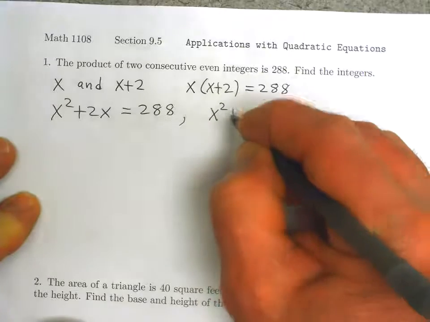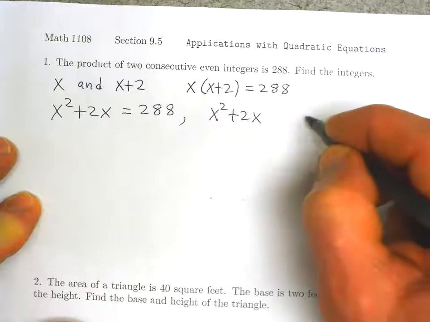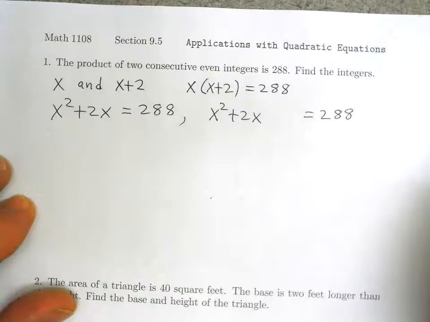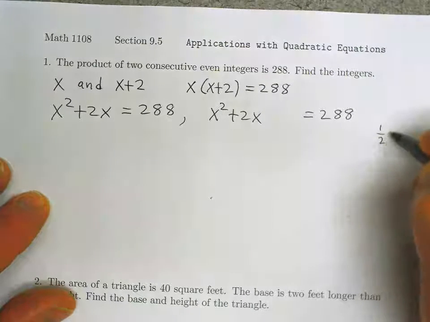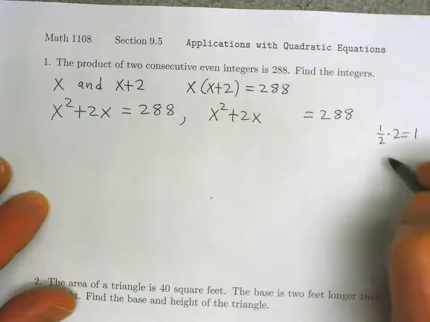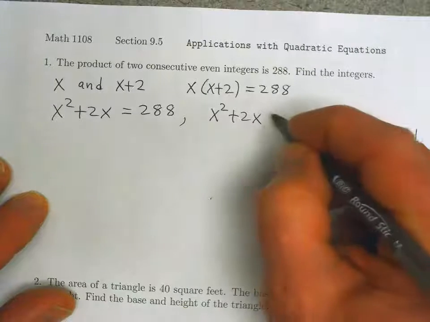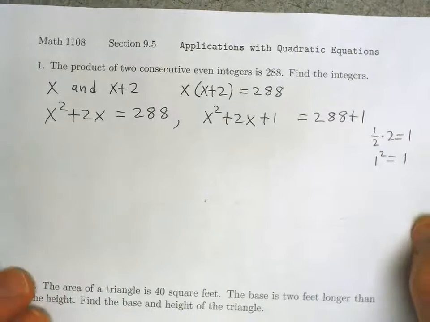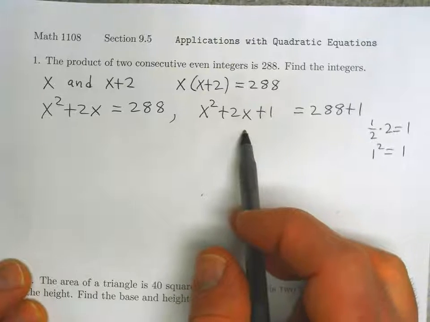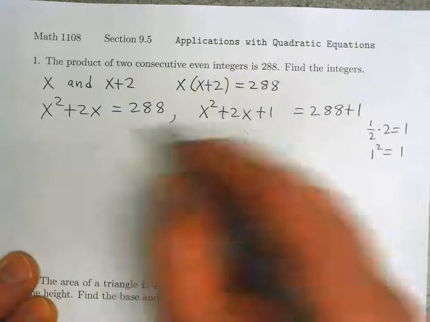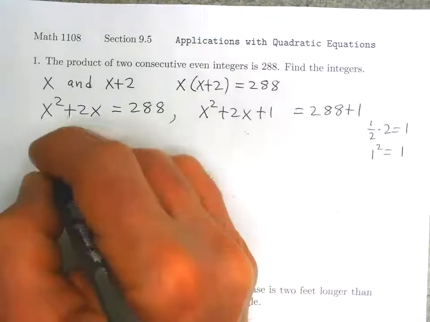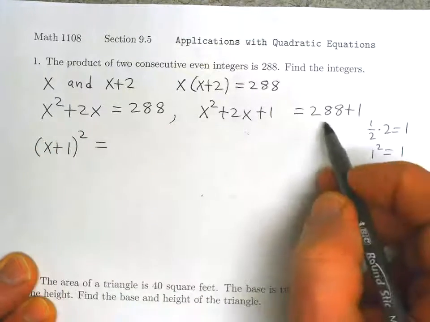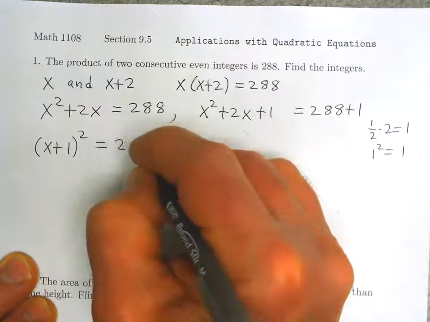So x squared plus 2x equals 288. If we take 1/2 of 2, which is 1, and then square 1, 1 squared is 1. If we add 1 to both sides, then the left-hand side is now a perfect square trinomial. So when we factor x squared plus 2x plus 1, we just get x plus 1 squared. And 288 plus 1 is 289.